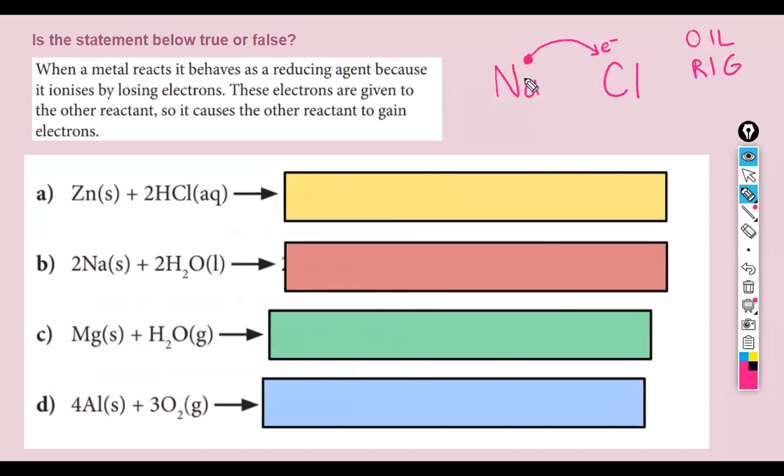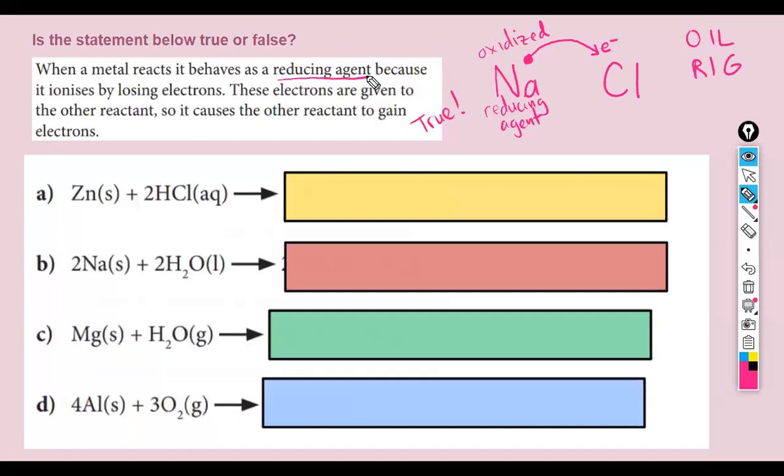Because sodium loses an electron, it's oxidized. But remember, when something is oxidized, the type of agent it is will be the opposite. So if sodium is oxidized, then it is a reducing agent. So this is true, because they're saying that it behaves as a reducing agent.